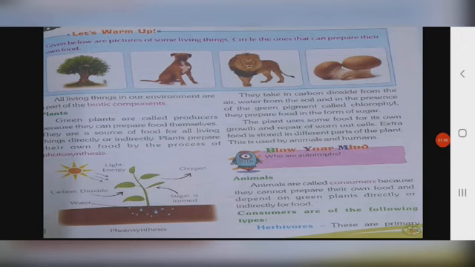All the living beings are dependent on the producers, on the plants. For example, we eat plants, we eat fruits, vegetables which are given to us by the plants. Same way, there are many herbivore animals who eat the plants, and then there are carnivore animals who eat those herbivore animals.